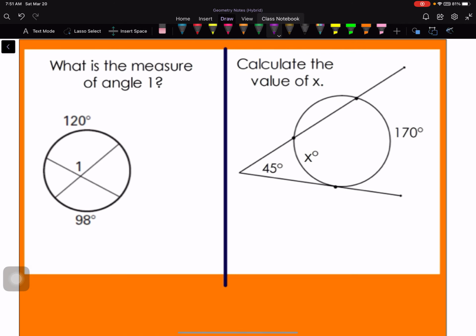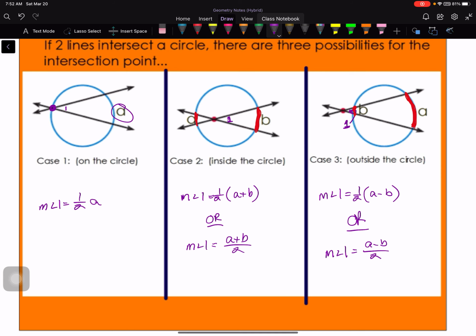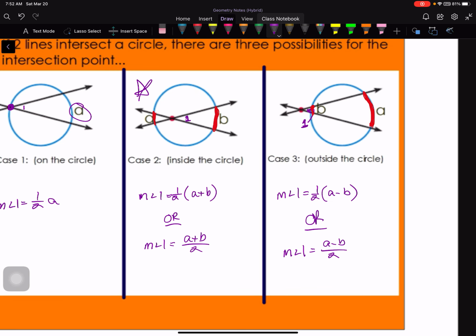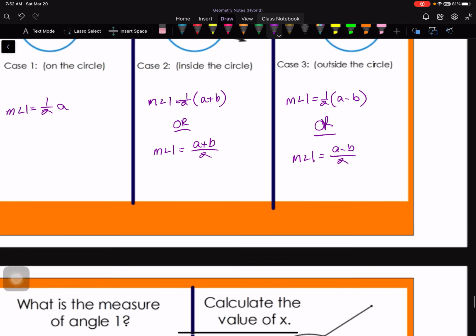All right, so what is the measure of angle 1? So you first need to ask yourself, is my angle inside the circle, on the circle, or on the center? Because now we're going to kind of put it all together. Hopefully you know the angle is inside the circle here. So if it's inside, if you don't know, look back up here for a second. We're looking at this case right here in the middle. So you're going to add the two arcs, divide by 2.